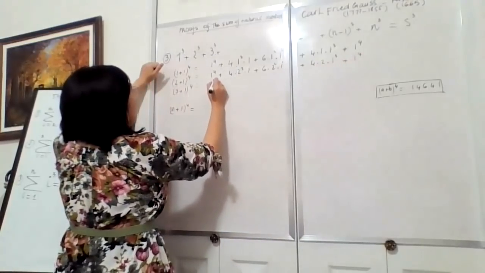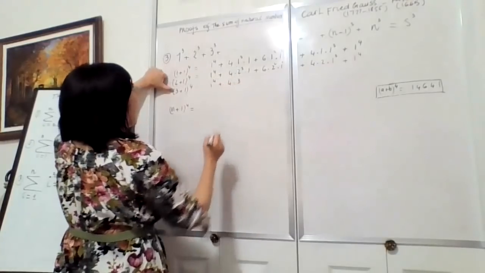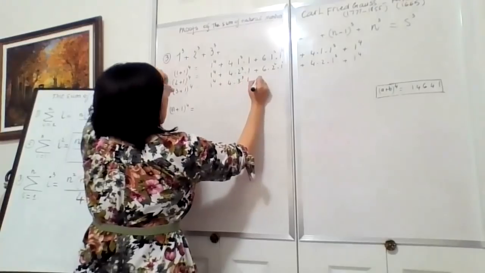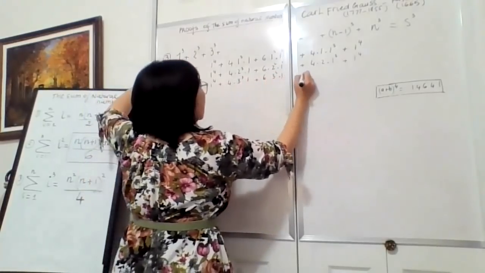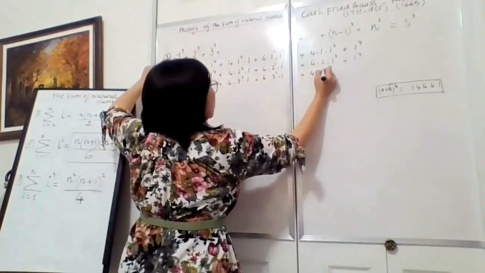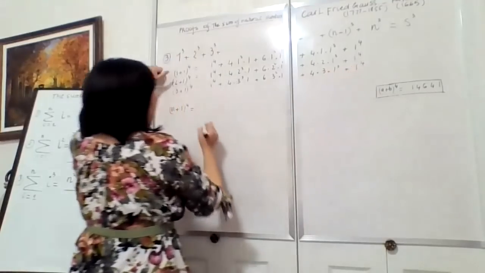This will be 1 to the power 4 plus 4 times 3 to the power 3 times 1, plus 6 times 3 squared times 1, plus 4 times 3 times 1 to the power 3, plus 1 to the power 4.